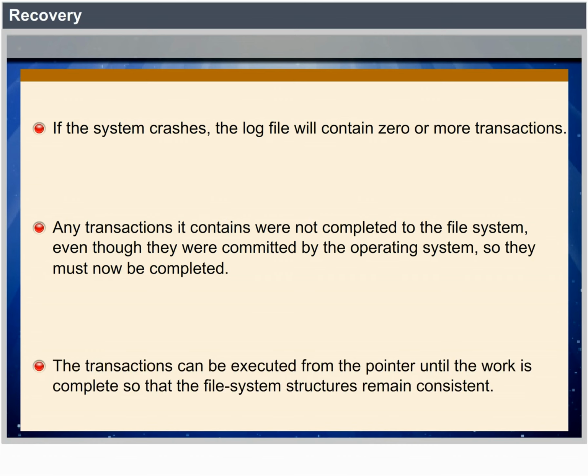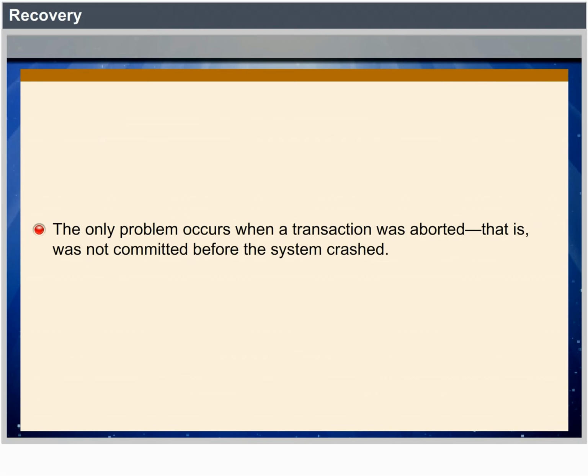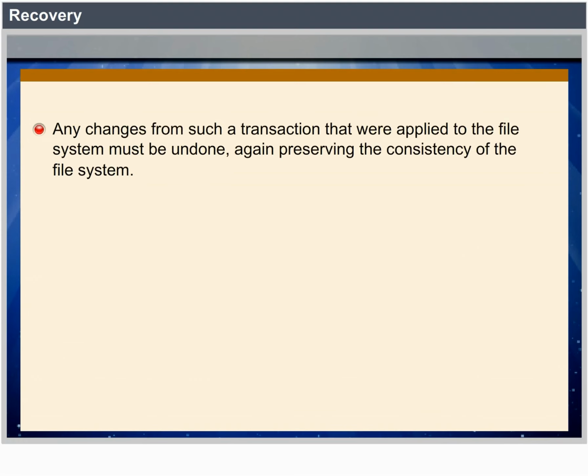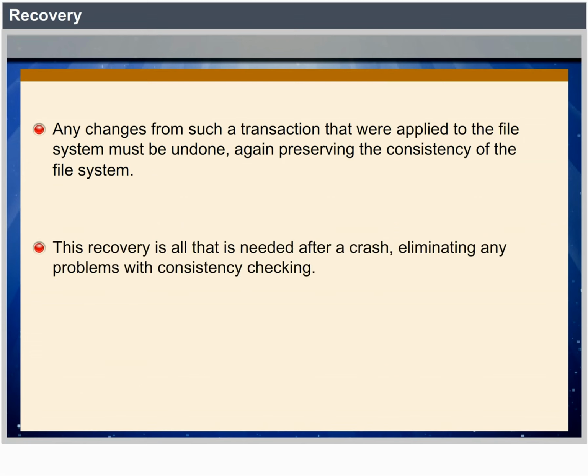The only problem occurs when a transaction was aborted, that is, was not committed before the system crashed. Any changes from such a transaction that were applied to the file system must be undone, again preserving the consistency of the file system. This recovery is all that is needed after a crash, eliminating any problems with consistency checking.